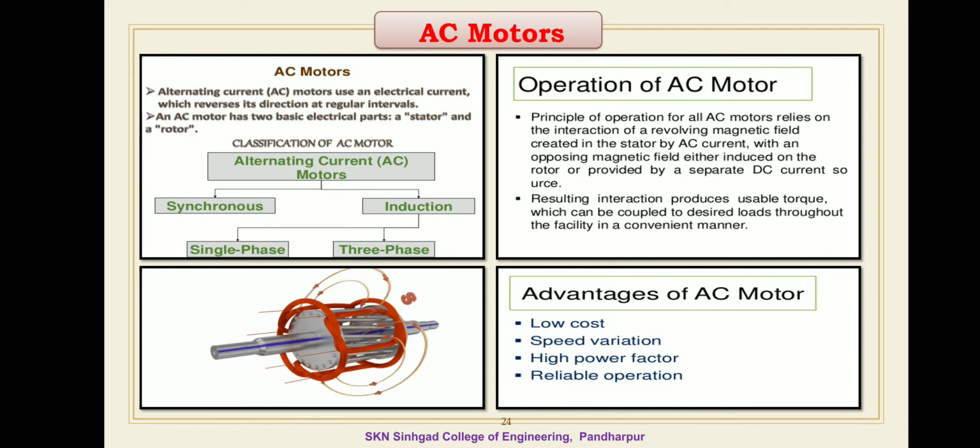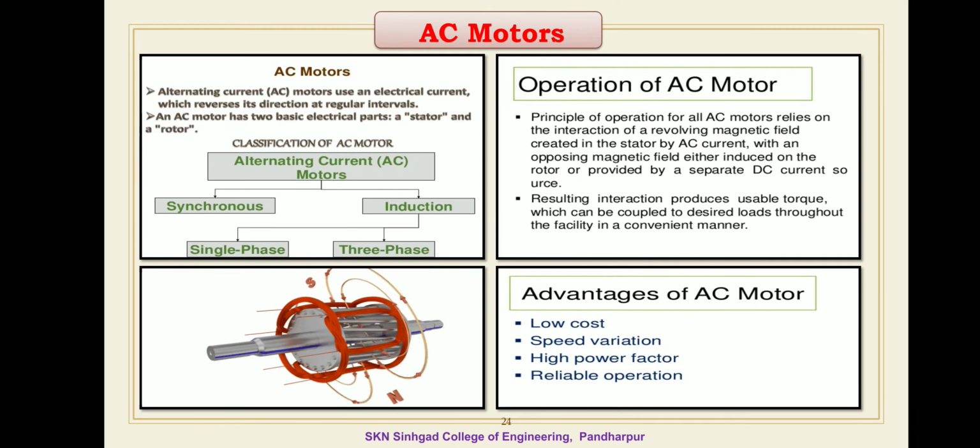The principal operation of all AC motors relies on the interaction or repulsion of the magnetic field created in the stator by AC current with an opposite magnetic field, either induced on the rotor or provided by a separate DC current. The resulting interaction produces usable torque which can be coupled to the desired load throughout the facility in a convenient manner.